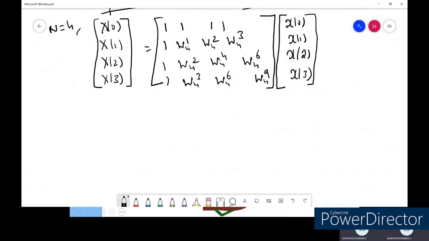Now we know the values for the twiddle factor. Let us substitute here, and we can use this as the general method for finding the DFT.